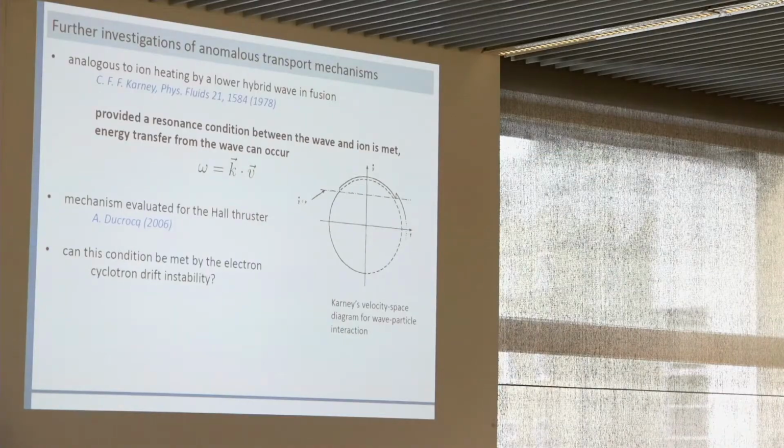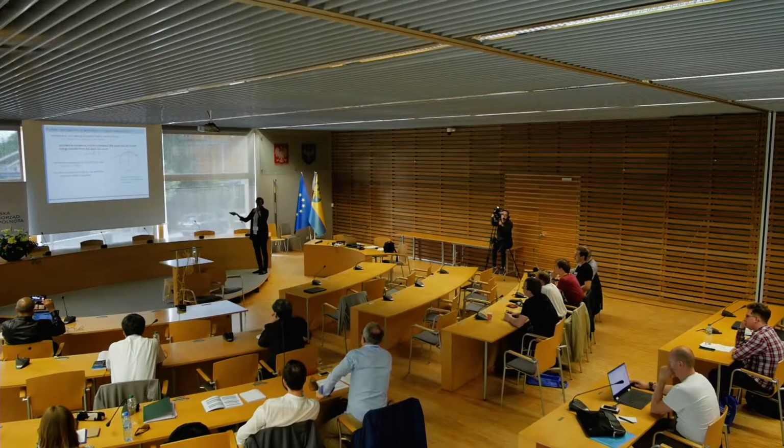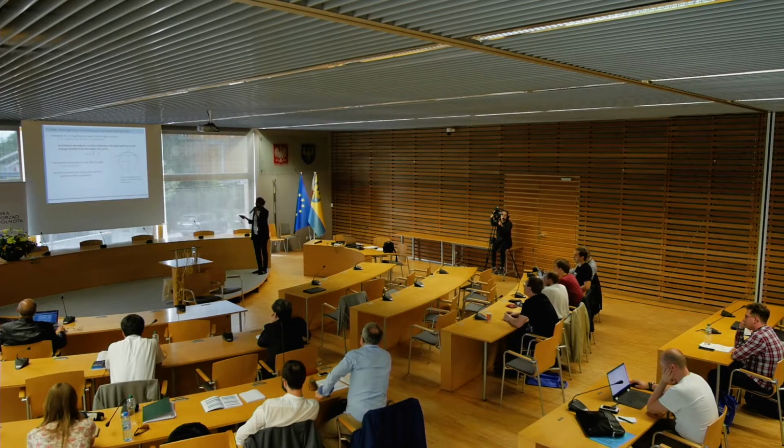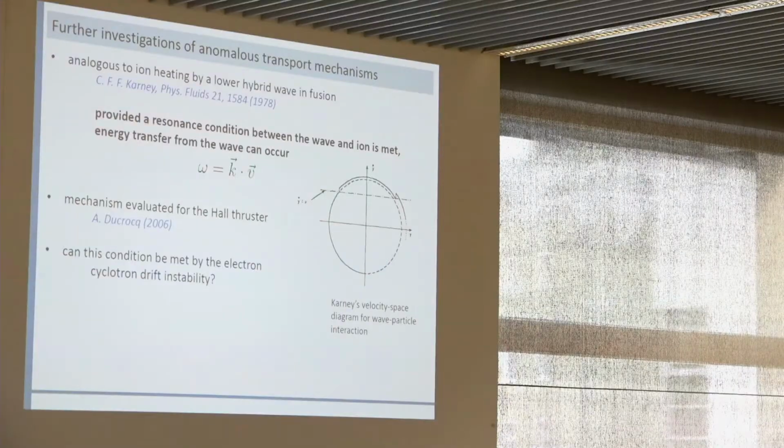It's a very particular resonance condition, which was considered by Alexandre Ducrot for the Hall thruster case in 2006. The question is, can we actually meet this resonance condition and explain why we have energy transfer between this cyclotron drift instability and electrons? So we are applying this analogy to our case.